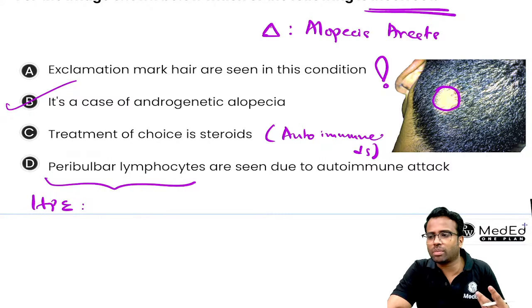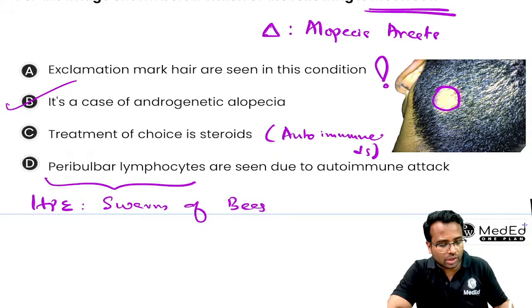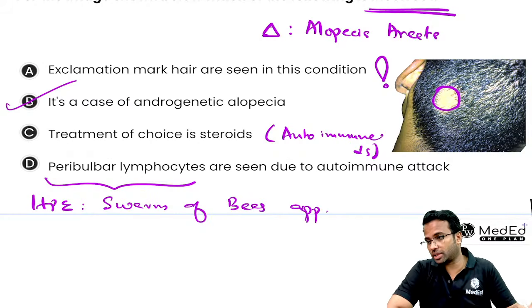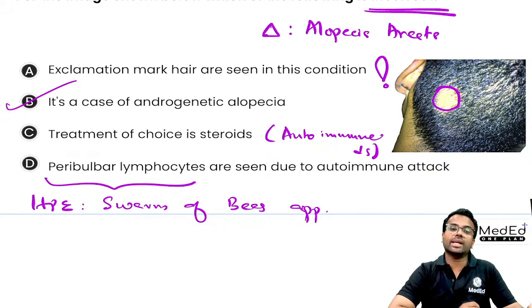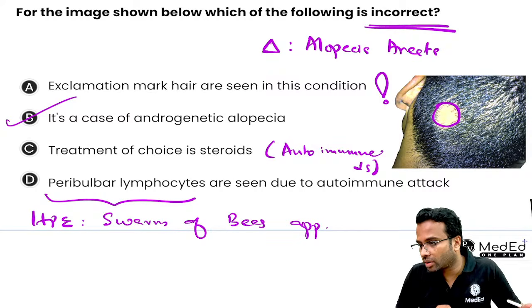Does anyone remember the histopathological finding in alopecia areata? You can see a swarm of bees appearance because of the lymphocytic aggregation. So yes, option B is the incorrect statement.